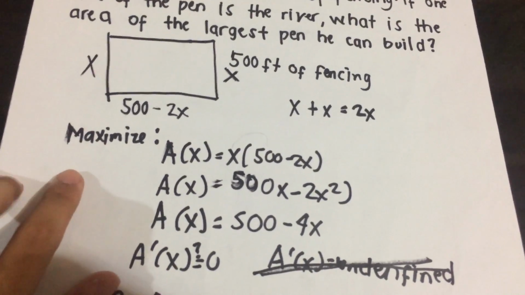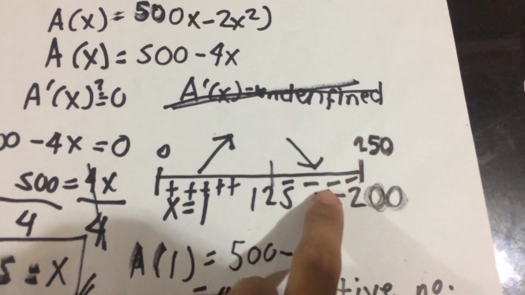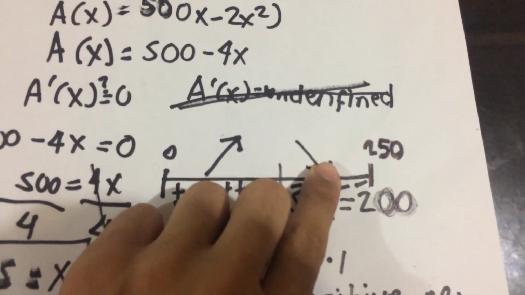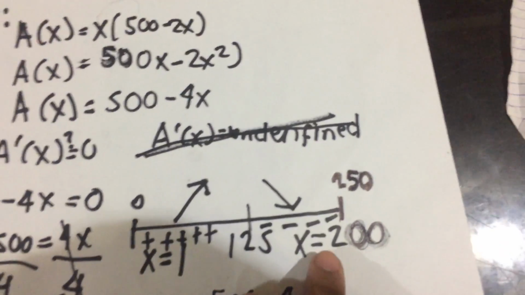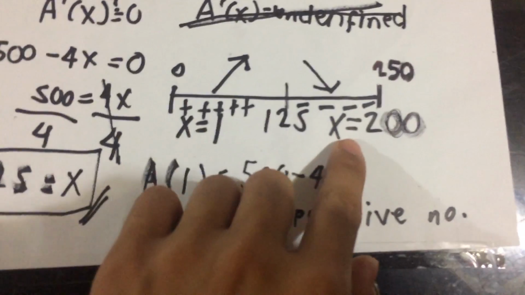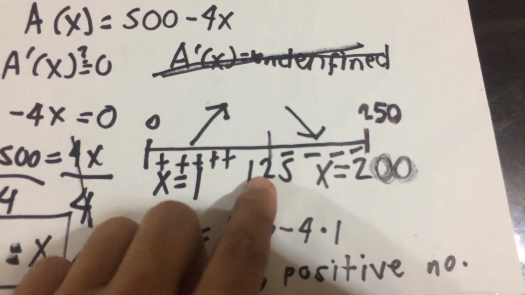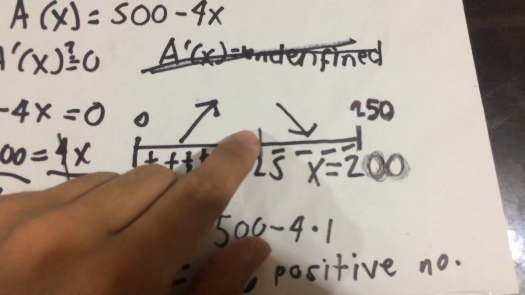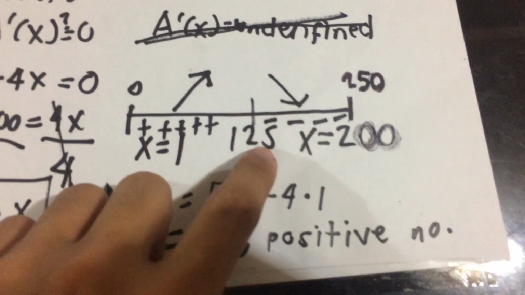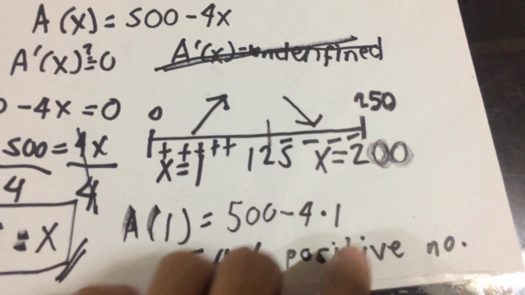I think we could use 250 here for x, so let's take a number between 125 and 250. So I'm going to use 200, and we're going to take a number greater than 125 or in between 250.